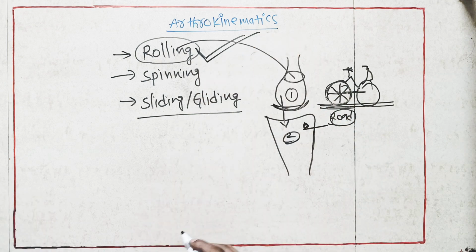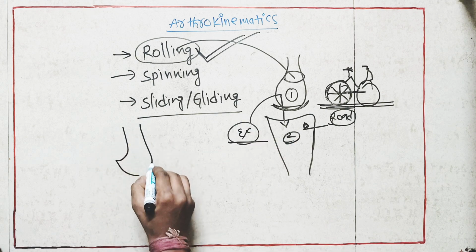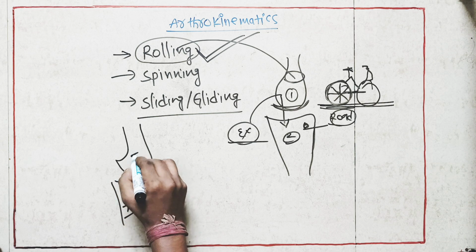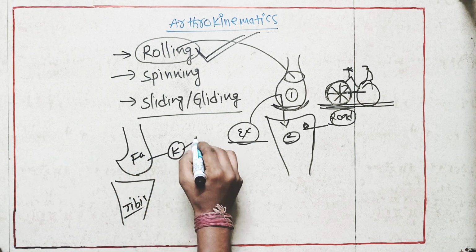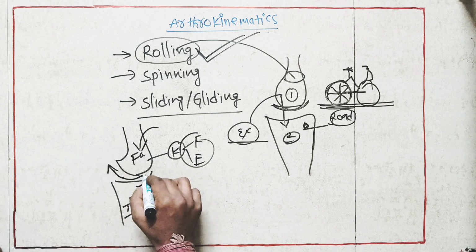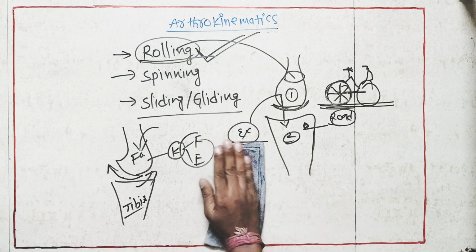Example: the condyles of the femur roll on the tibia. This is the femur. While doing knee flexion and extension, the condyles of the femur roll on the tibia. This is the example for the rolling arthrokinematic movement.